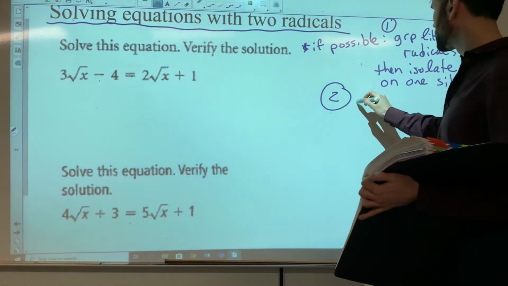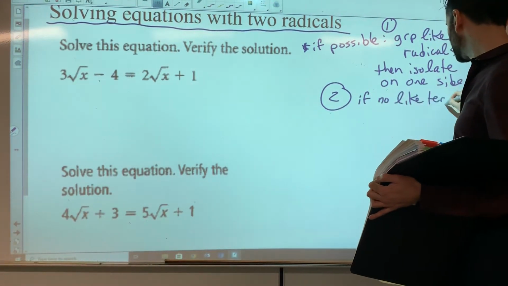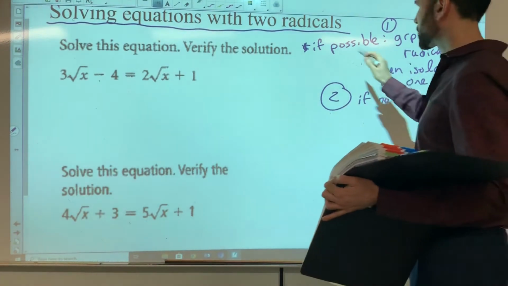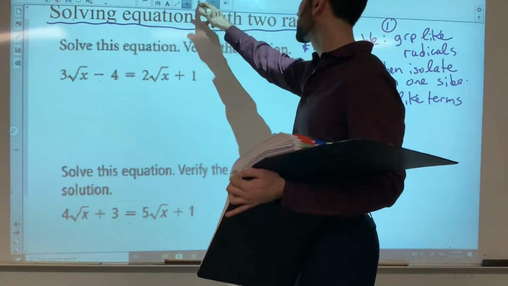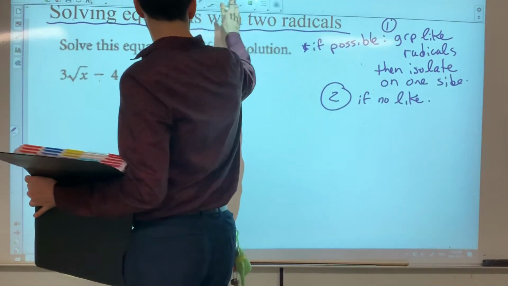So if there's no like terms and you have two radicals, I shouldn't say like terms, I'm going to say like radicals because I'm specifically talking about the radicals.